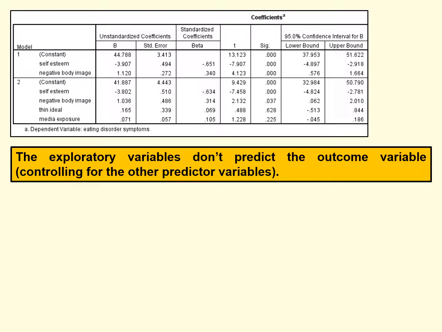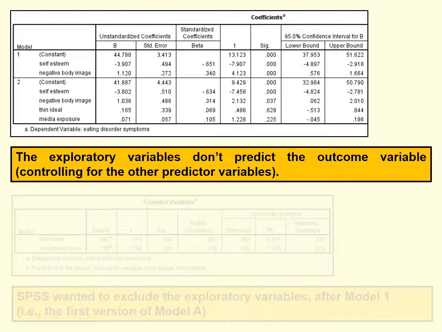The standardized coefficients for those two variables are smaller than the standardized coefficients for the other two variables, and also the t-tests, testing whether those unstandardized values are significantly different from 0, are not significant. So we might conclude thin ideal and media exposure don't seem to significantly predict the outcome variable eating disorder symptoms, at least not when we have a model that controls for negative body image and self-esteem.